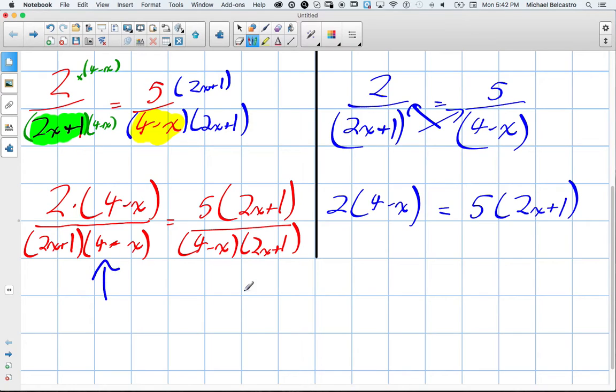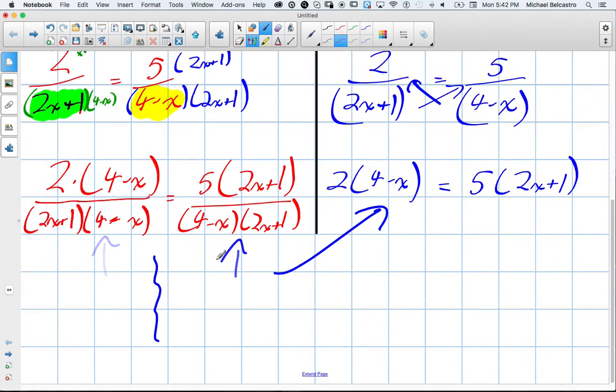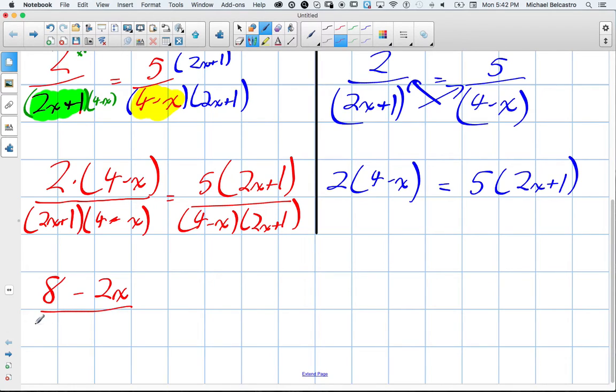This one clearly looks like it's got a lot more work than this question does. So we'll simplify this side, and it'll eventually kind of hand its way out here. So if we use our distributive property here on the top, we're going to end up with 8 minus 2x. We'll still have this denominator, 2x plus 1, 4 minus x.